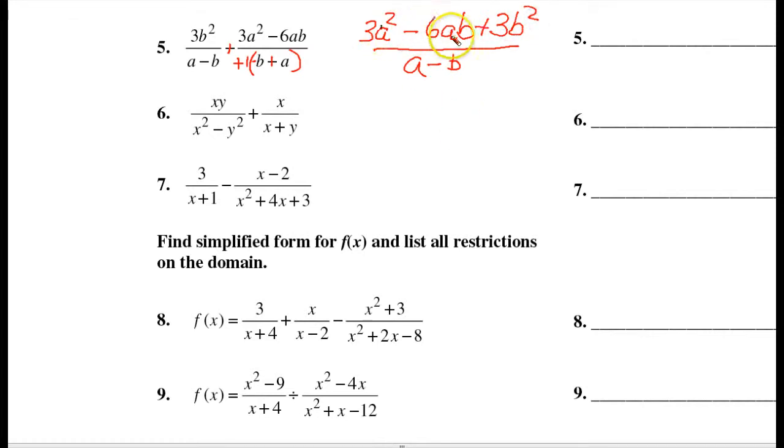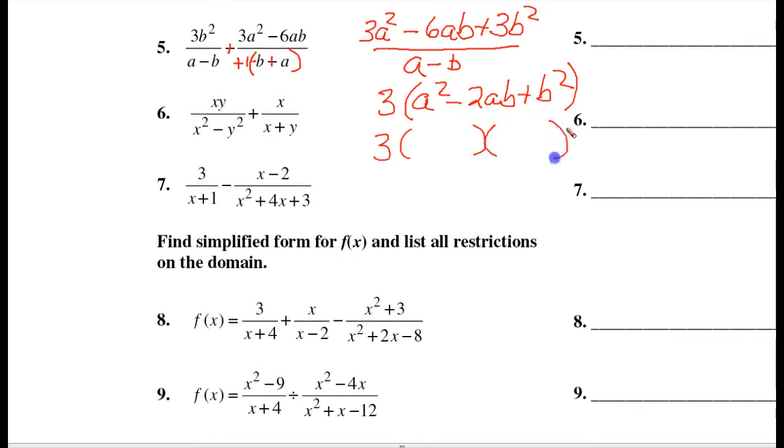Now we're going to look and see if anything else can be done to this. Okay, so the first thing we can do to this numerator, I see there is a common 3 that I can factor out, and then I'm left with a perfect square trinomial, which will factor into a binomial squared, which is going to be a minus b, a minus b, and this is all going to be over our common denominator now, a minus b.